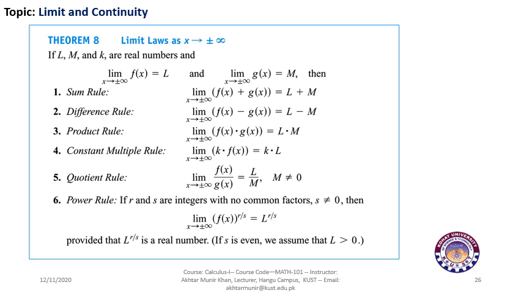Similarly, the difference rule states that the limit of the difference of two functions is equal to the difference of the limits of these functions. The product rule states that the limit at plus or minus infinity of the product of the two functions is equal to the product of their limits. These are the other rules that we have studied for the limit at finite values, so they are all similar.